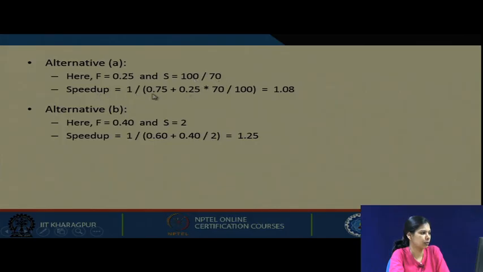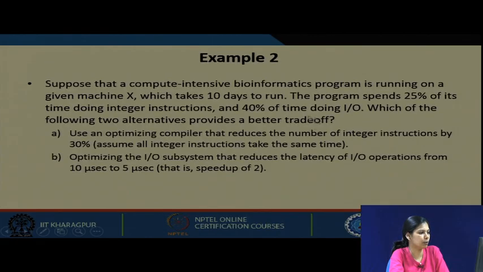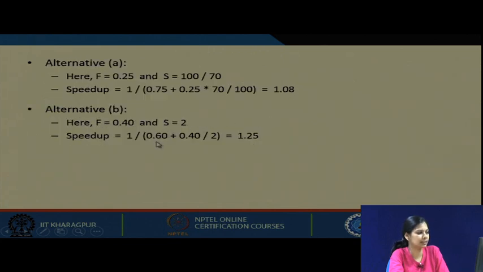So, 0.75, there is no change on that, and 0.25 we are making a change, that is divided by S, which is 70 by 100. So, we are getting a speedup of 1.08.